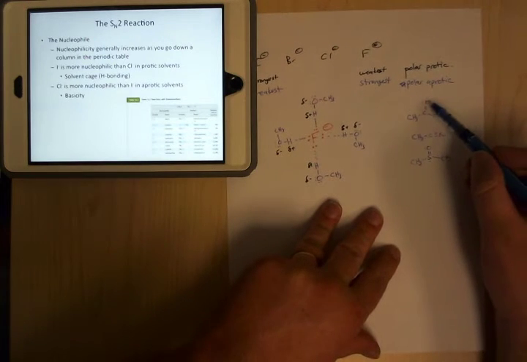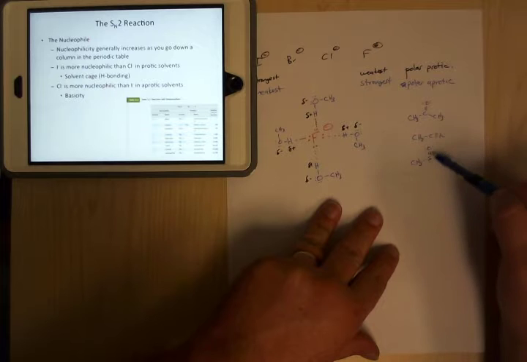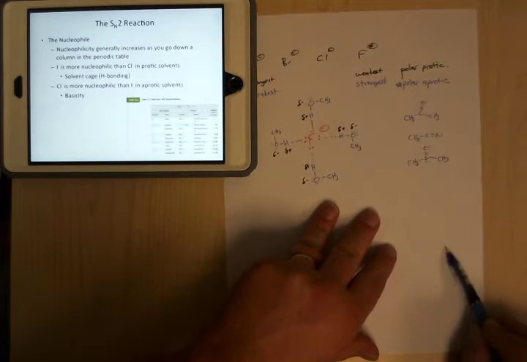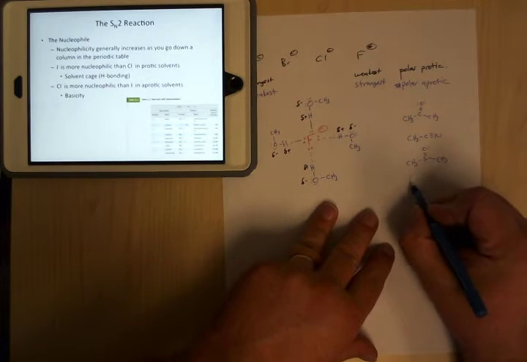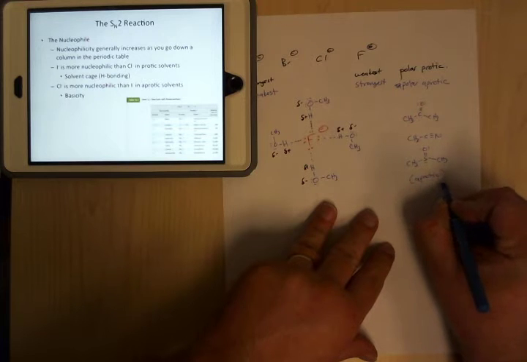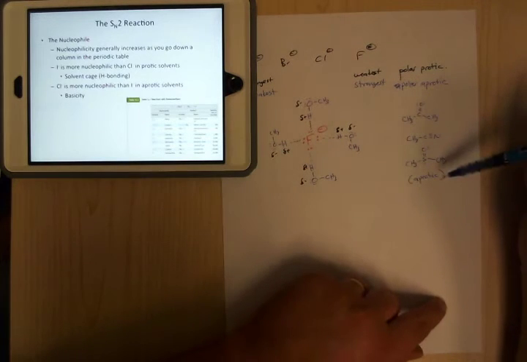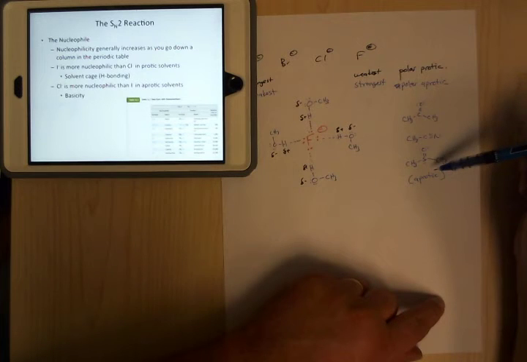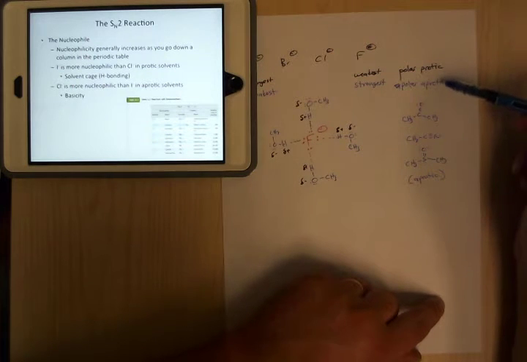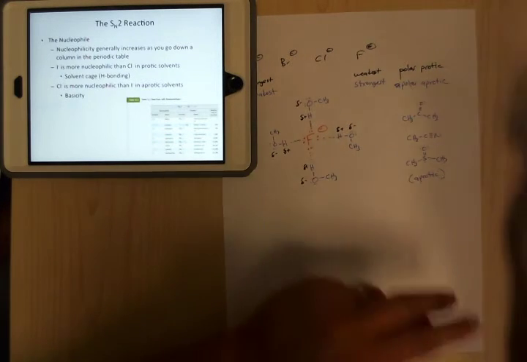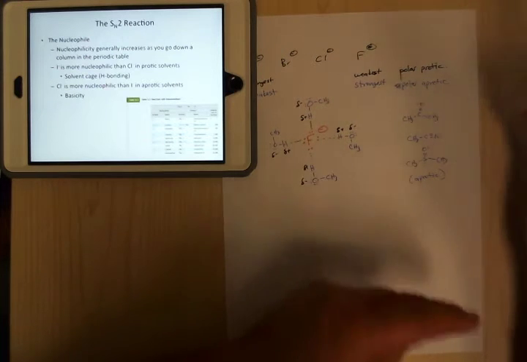Notice we don't have a hydrogen sticking off of any of these electronegative atoms, so these are all aprotic solvents. I don't necessarily need you to know the structures of these things, but you need to know the difference between a protic and an aprotic solvent and how they affect these reactions.